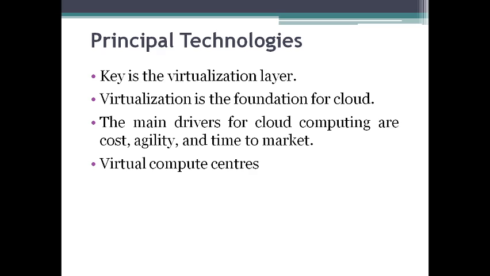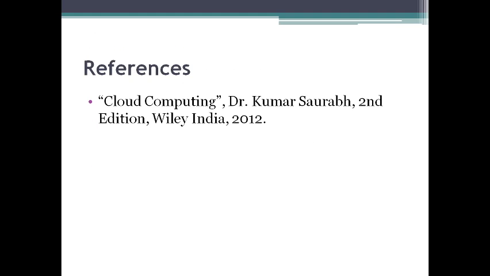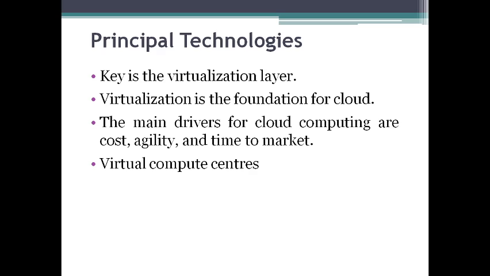This layer of software interacts with multiple servers and enables IT departments to pool resources together across various servers, and it defines standardized tiers of services called virtual compute centers. All these three are taken care of by the virtualization layer.